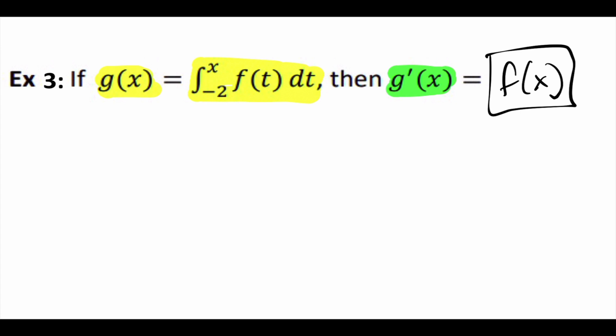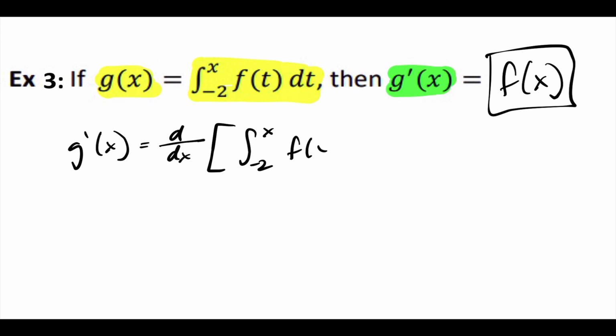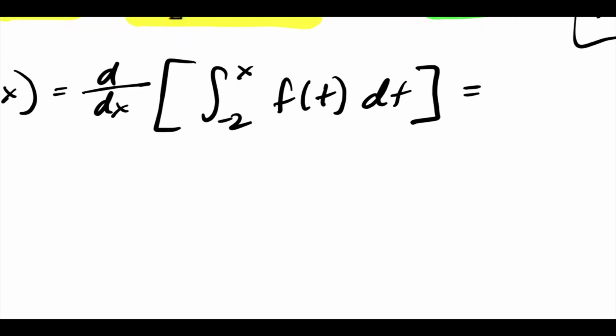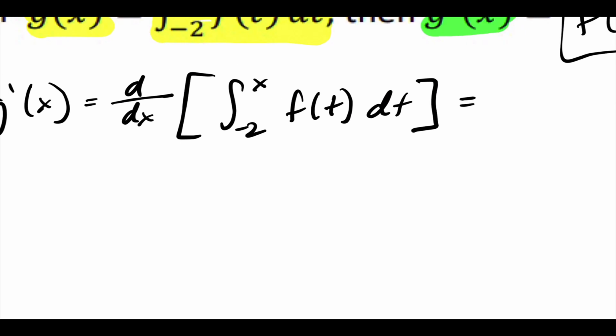Now if you didn't understand that, we could do it the long way. I'll do it right now just to show you. So if we want to find G prime, it's going to be the derivative of this guy here. So I find the antiderivative of f.